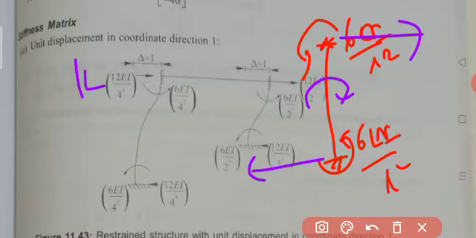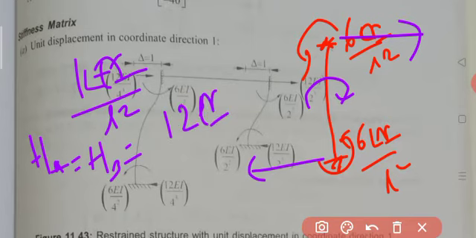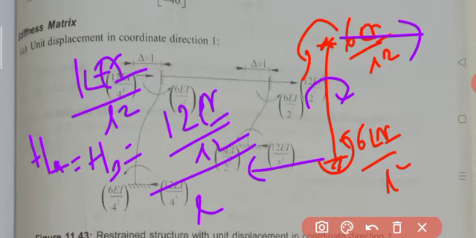Its value is 6 plus 6, that is 12 EI by L square. Then the reactions HA and HB are equal to the net moment induced by the end moments, 12 EI by L square, divided by the distance between the two ends, which is L. Finally you get HA and HB equal to 12 EI by L cube.